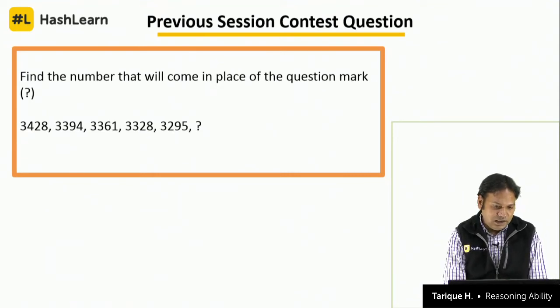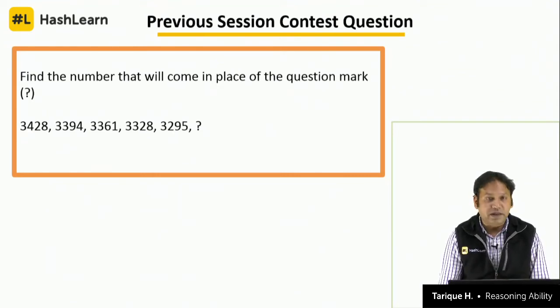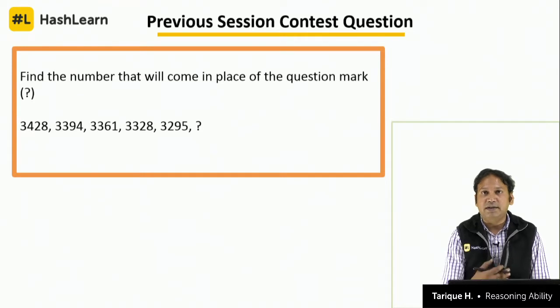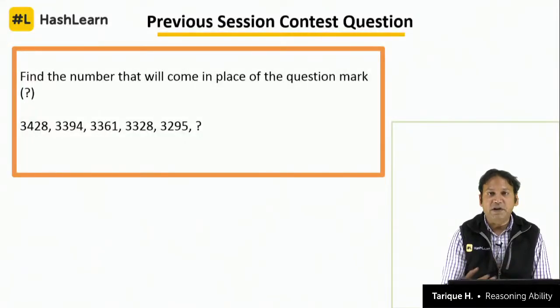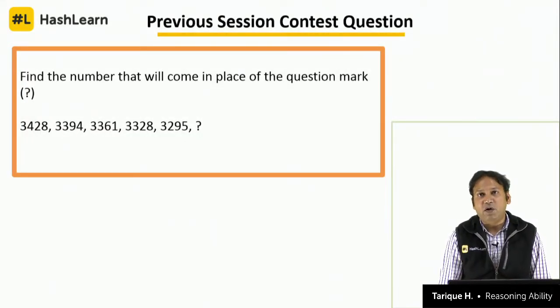As you can see, the series is decreasing. So 3428 is greater than 3394, and 3394 is more than 3361, and so on. It's a difference based series but in descending order.